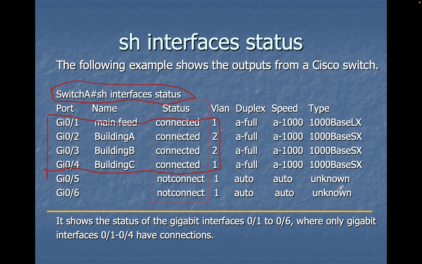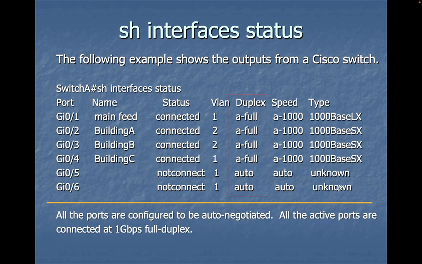Is that okay? Now all the ports are configured to auto-negotiated. We've described auto-negotiation, where two interfaces or two devices on a network communicate first before they talk to themselves.